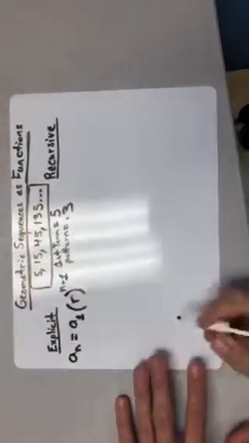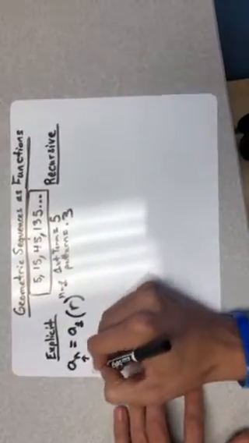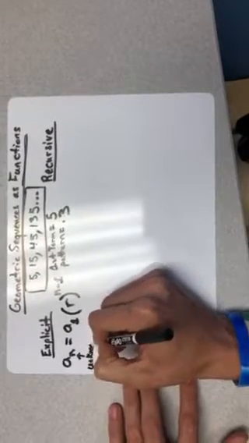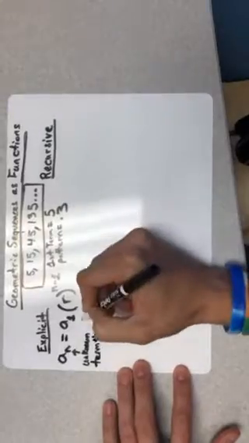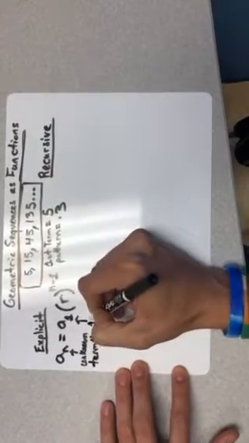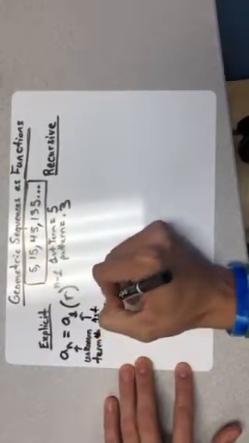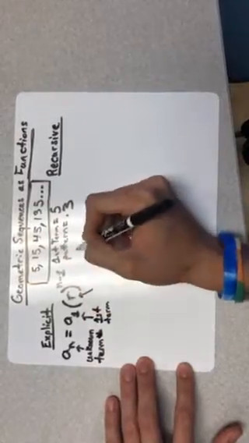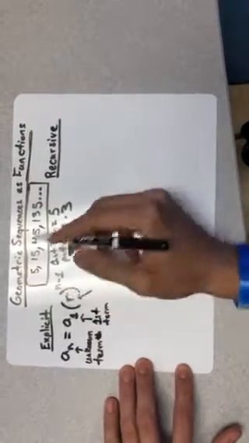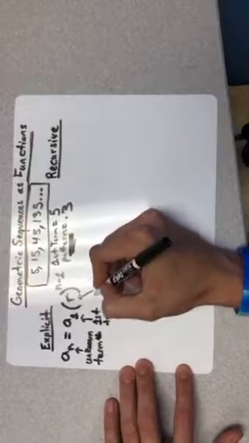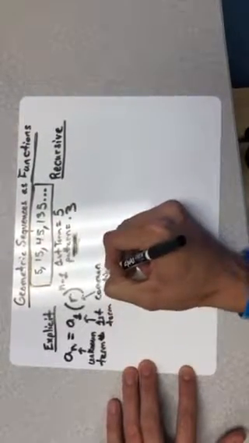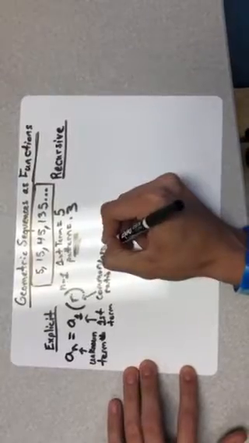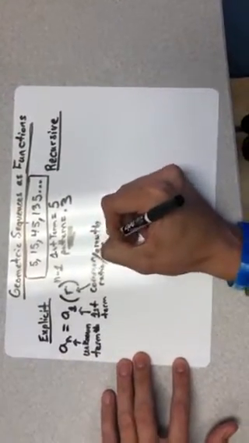Remember, n stands for an unknown term number. A sub 1 stands for the first term, and r stands for our pattern, which in geometric sequences is called the common ratio or the growth factor.